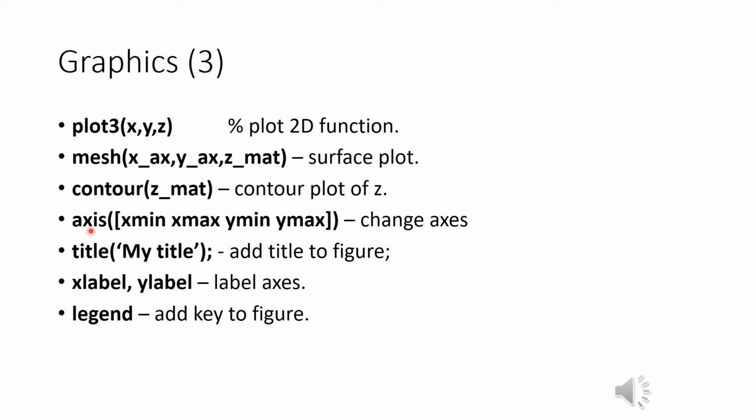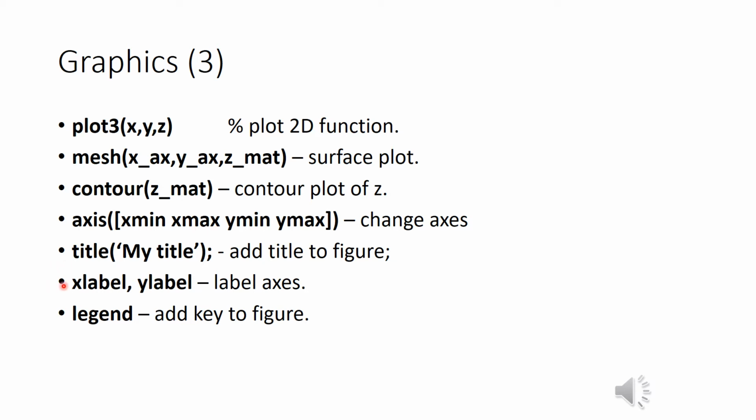Similarly, we have another function which is axis, and for example, we are giving some parameters like x minimum, x maximum, y minimum, and y maximum, and this axis will actually change the axis. Like your x-axis will become y-axis, and y-axis can become x-axis.